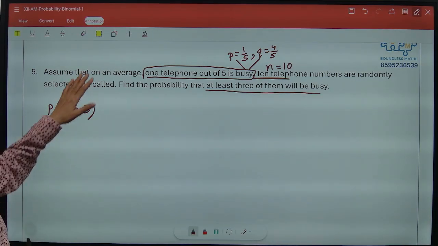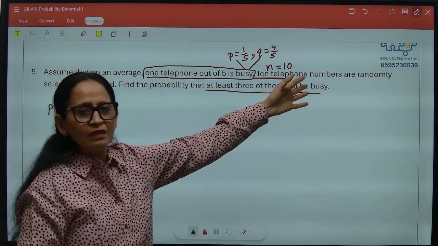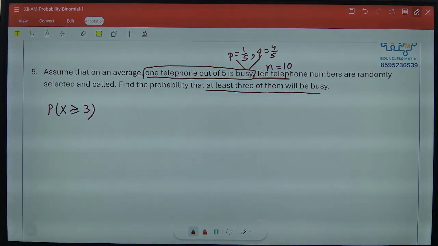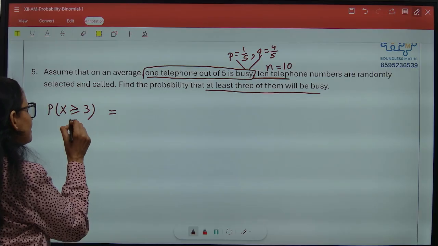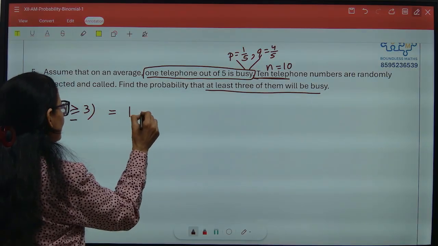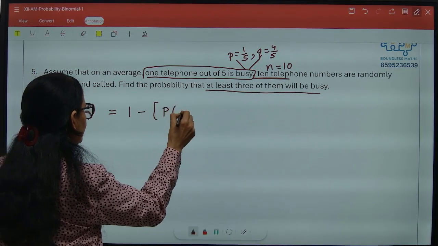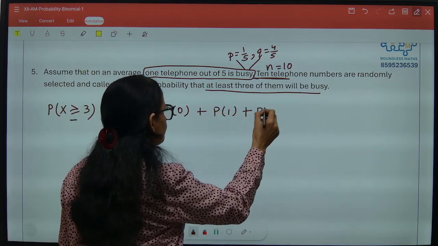Before you write this, just write what is x. X is a random variable representing that the line is busy. Now this is going to be equal to, whenever you have a greater than sign, try to take out the smaller values from 1. So this is 1 minus probability of 0 plus probability of 1 plus probability of 2.